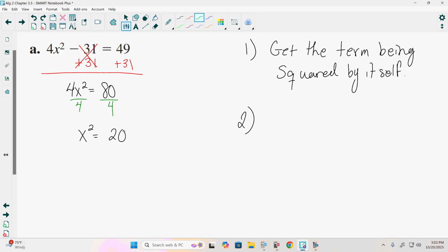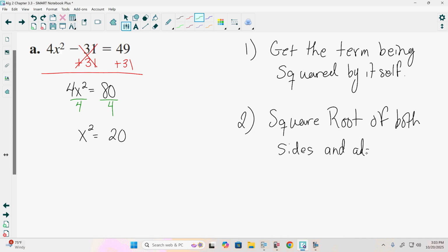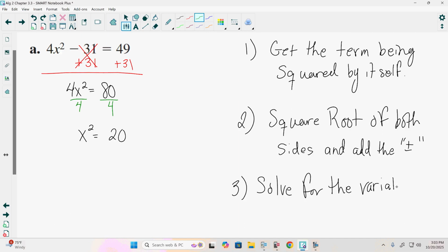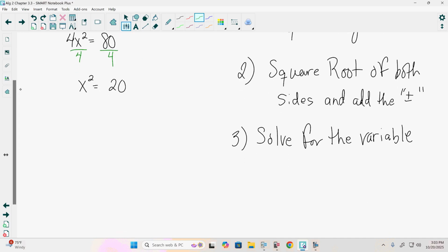Well, our second step, once we get the term being squared by itself, we're going to take the square root of both sides and add the plus or minus, because whenever we take the square root of both sides, we have to put the plus or minus. And we'll go on and put step 3, solve for the variable. Normally that variable is going to be x, but we're just going to say solve for the variable.